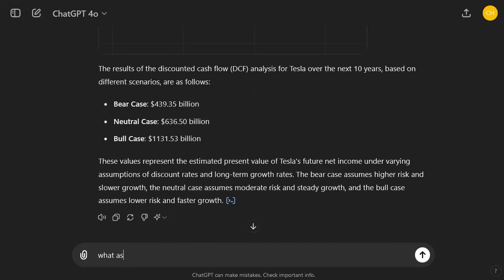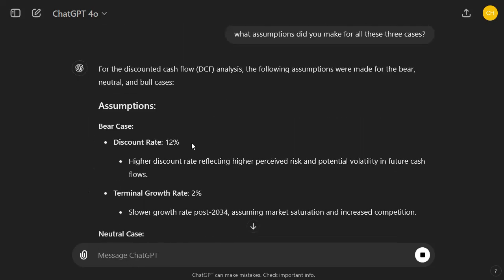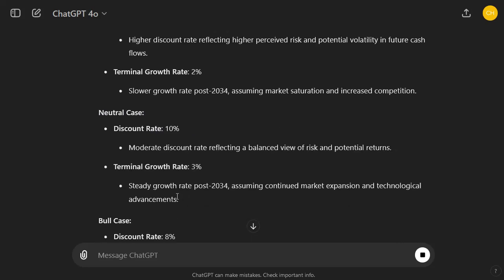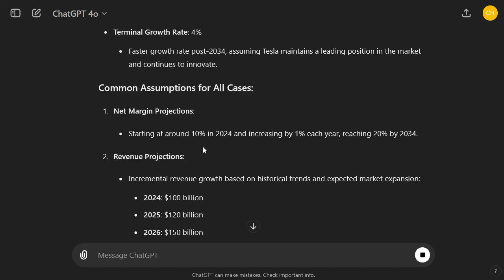Maybe let's ask it, what assumptions did you make for all these three cases? So it assumed a discount rate of 12% in the bear case, which is pretty high, and a terminal rate of 2%. In the neutral case, it just adjusted the discount rate and the terminal rate, and it increased the net margin by 1%, reaching 20% by 2034.